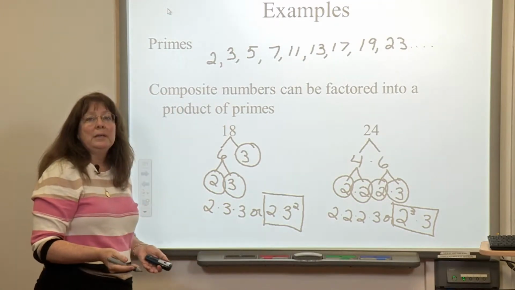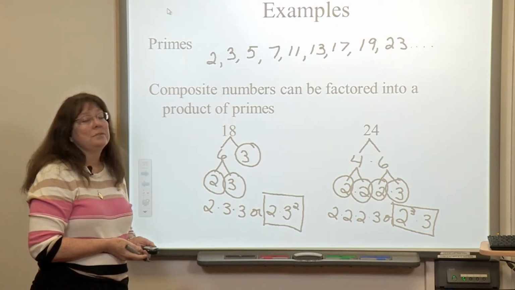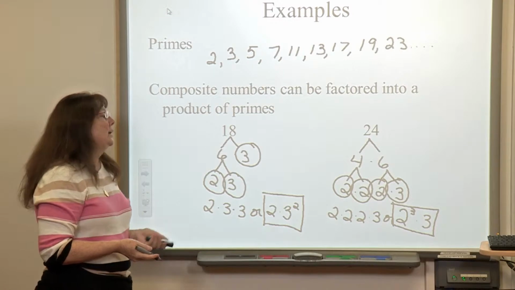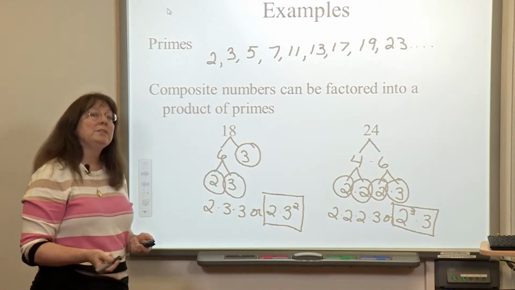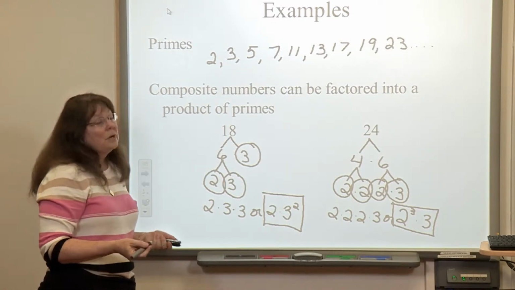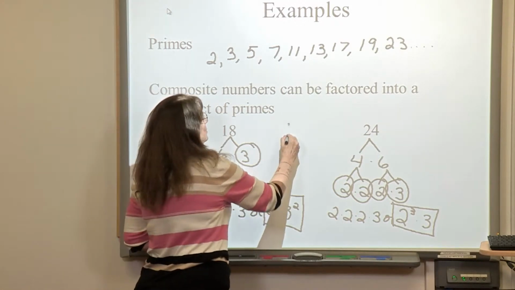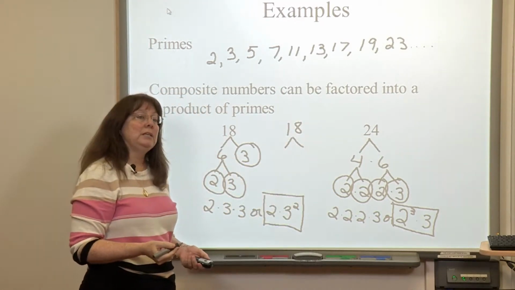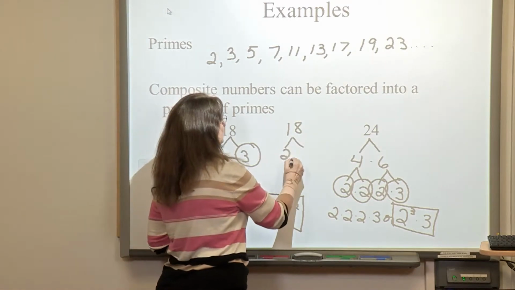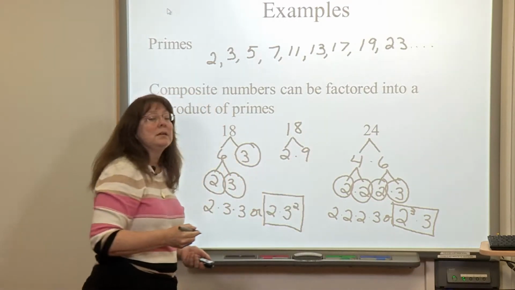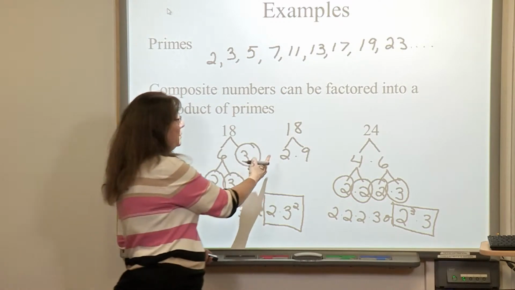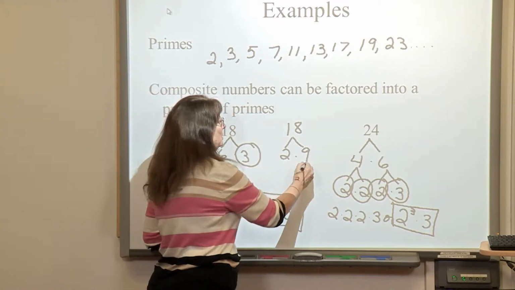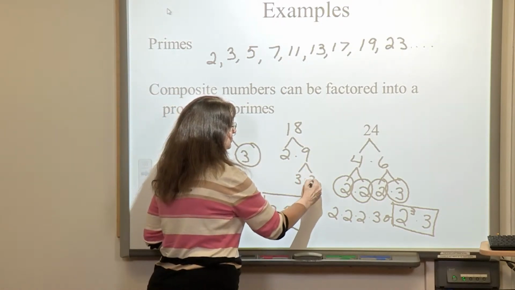Now what would happen if you didn't start out with these same factors? So let's say we're going to take a look at 18 again, but instead of using 6 times 3, we'll start out with a different pair of factors. Another pair of factors for 18 is 2 times 9. So let's say I started there. 2 is already prime, but I can factor 9 into 3 times 3.